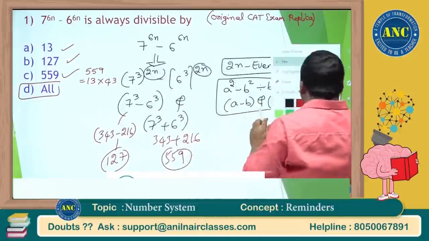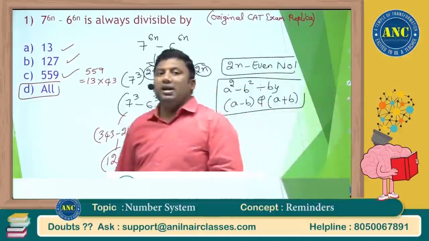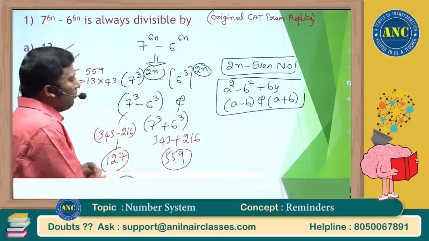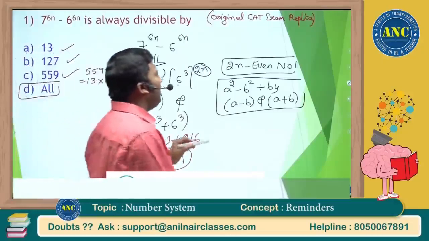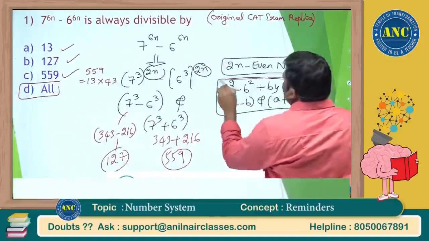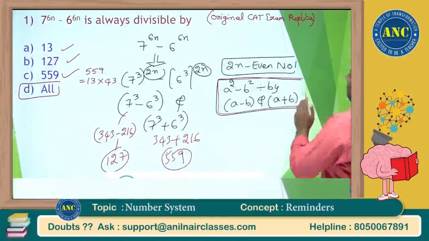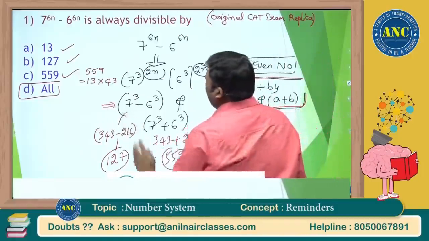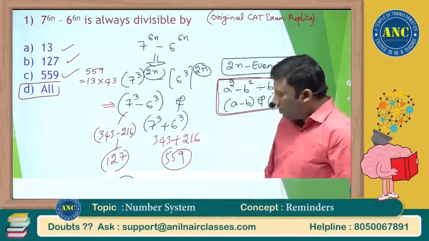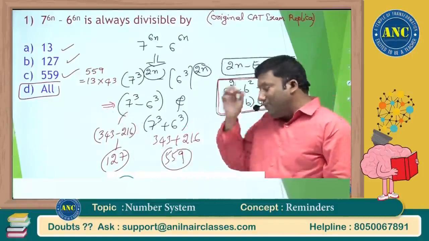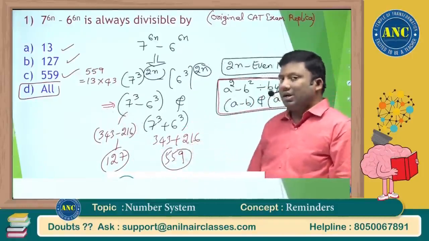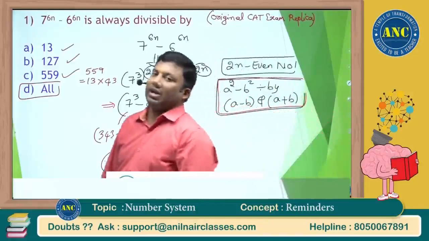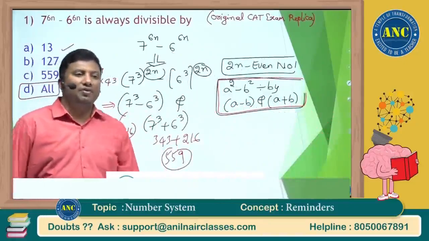If the power is an even number, A square minus B square is always divisible by A minus B and A plus B, that is, 7 cube minus 6 cube and 7 cube plus 6 cube. So 343 minus 216 and 343 plus 216: 127 and 559.